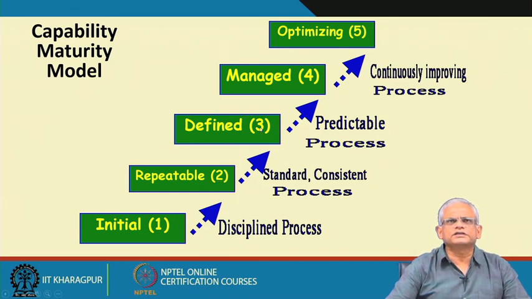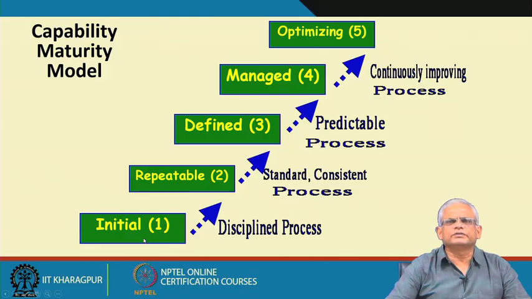The third level is called the defined level. In the defined level, the process must be documented. In the repeatable level, it is a disciplined process, and then in the defined level, the process must be documented, so that the process is used consistently by all members.